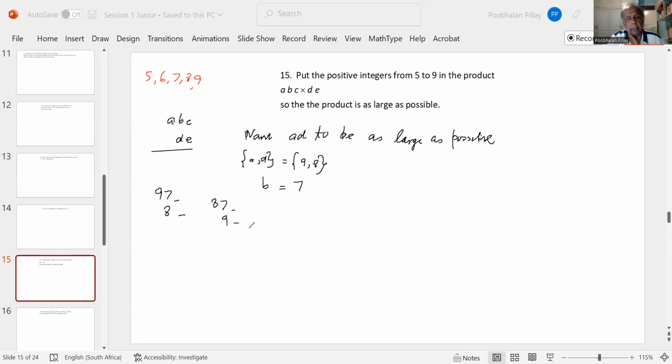Work this out: you get 776 plus some stuff in the first case, and here you've got 783, 87 times 9, plus some stuff. So you can see the 87 beats that configuration. So we've got 87 blank, and you've got 9 blank. That is going to be your largest possible product.